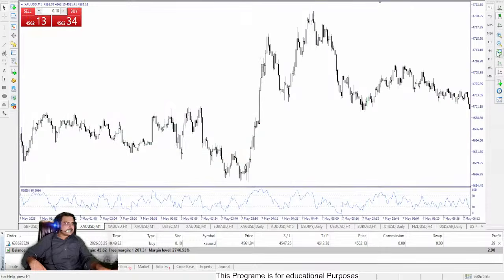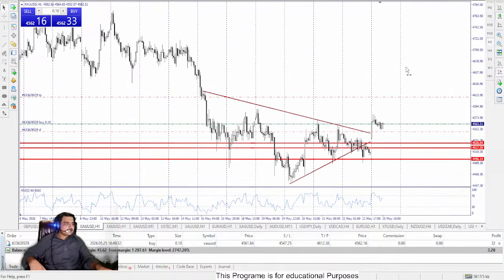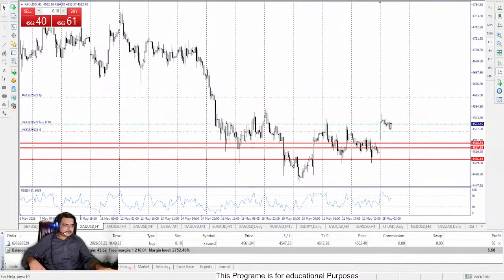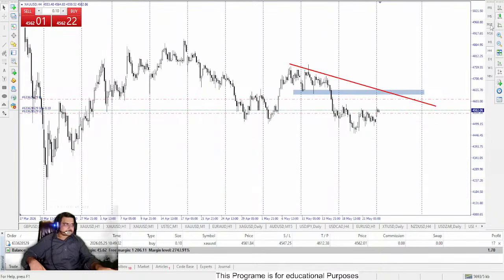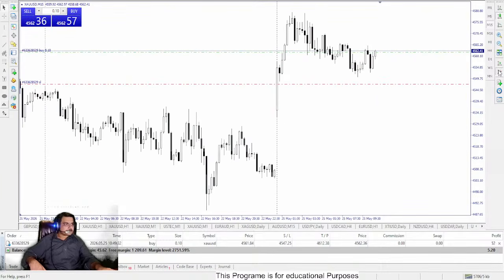So this is the H1 setup, and I'm willing to give this much stop loss. Now why did I take this particular trade right here? I will explain that in a moment. This is lower time frame stuff.